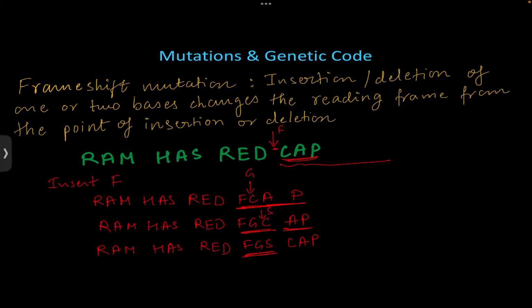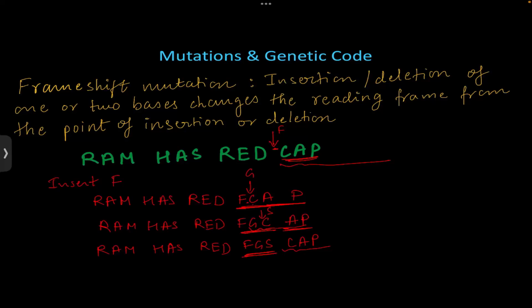When we insert another letter, G, from that point onwards the meaning of the sentence gets changed. Then we have inserted another letter, S, and from this position onwards, the meaning of the sentence gets changed.